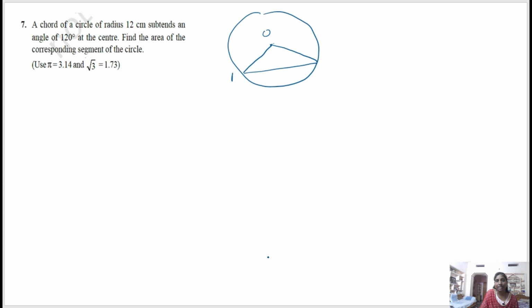Let the chord be AB and according to the question AB subtends 120 degrees at the center. And what is the radius of the circle? 12 centimeter. Here also 12 centimeter. Now here we have to find the area of the corresponding segment of the circle.